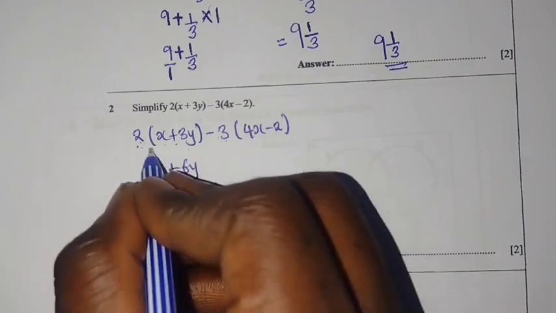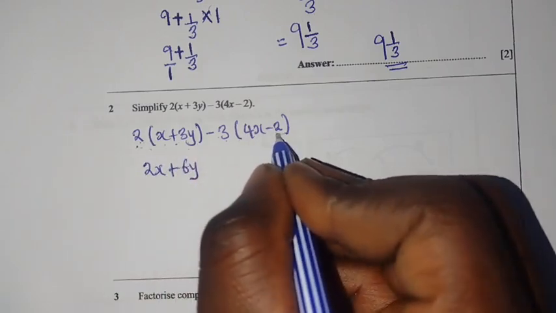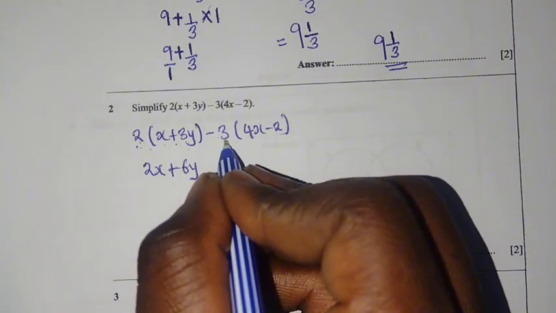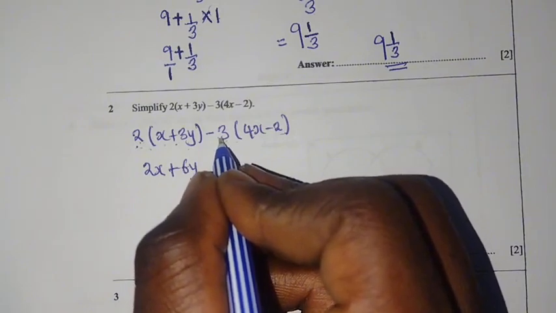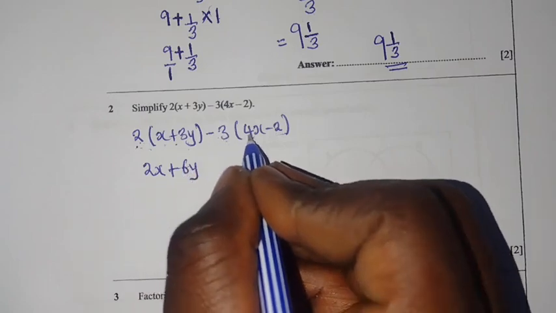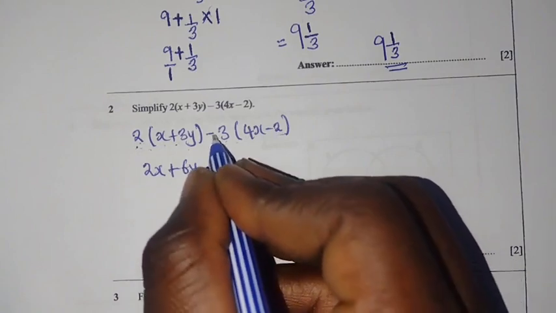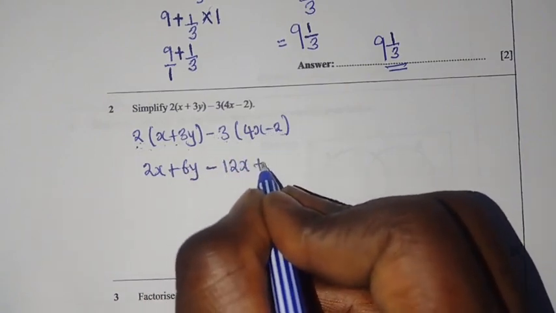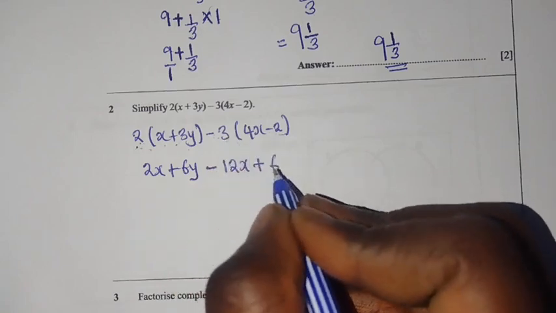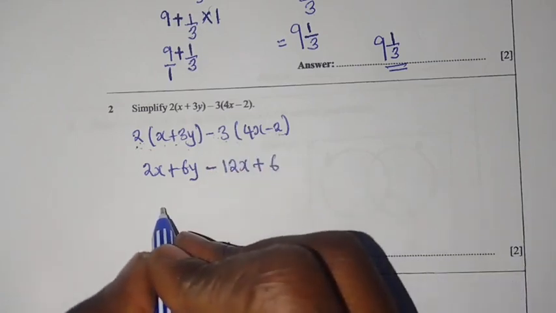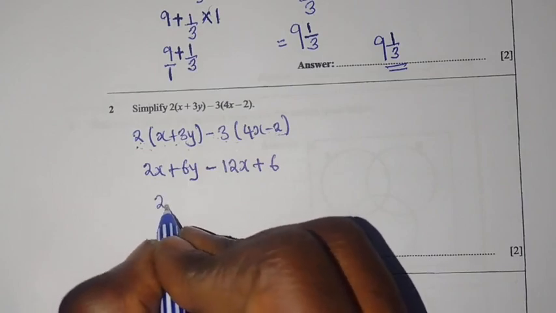Okay, we have opened these brackets. To open these other brackets, we multiply with the number which is outside. This number is 3, and it has a negative. So negative 3 times 4x will be negative 12x. Negative times negative is positive, 3 times 2 is 6. From here, you can collect the like terms. You have 2x.